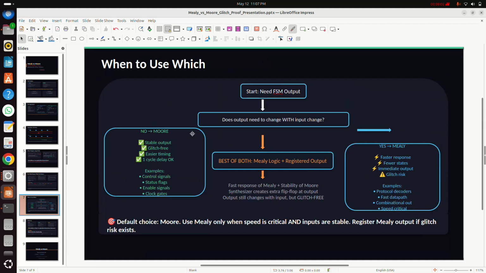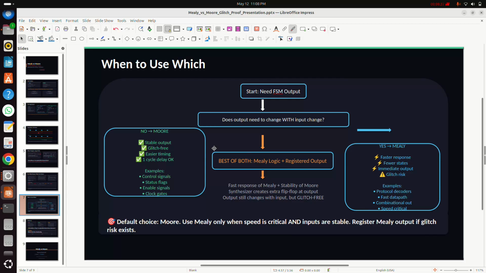So the question arises, when to use which, when you use the Moore machine and when you use the Mealy machine. Another question is whether Mealy is good or Moore is good. This diagram shows when to use Moore and when to use Mealy. The Mealy machine is used when you need faster response, fewer states and immediate output.